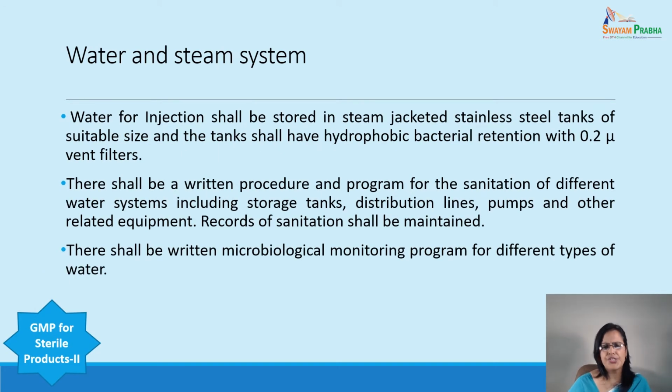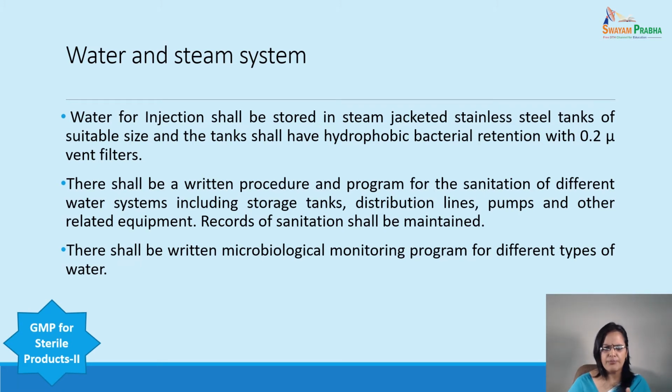Water for injection shall be stored in a steam jacketed stainless steel container or tank of suitable size, and the tank shall have a hydrophobic bacterial retention 0.2 micron vent filter.